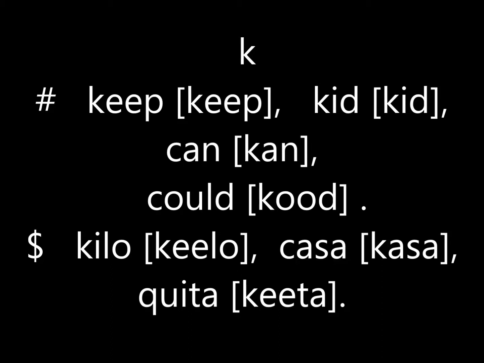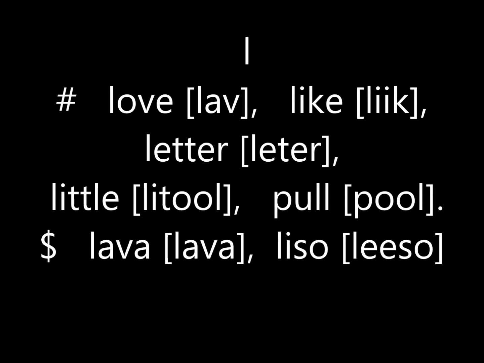The L sound in English is la. Words like love, like, letter, little, which has both the L sound at the beginning and at the end is O sound. Pull. In Spanish, L sounds are in words like lava, listo.